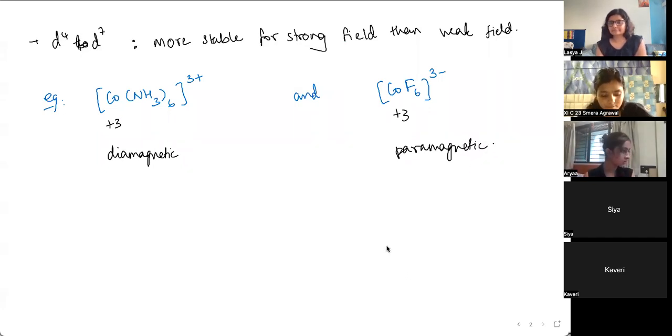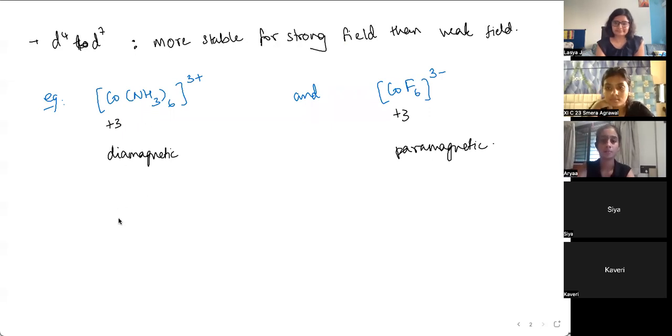Why? Is it because, in case of, what is the first compound name again? Cobalt. Okay. The first compound basically has NH3 group.